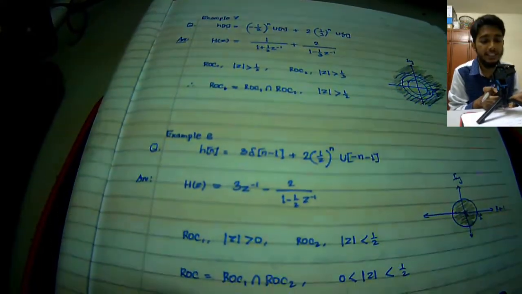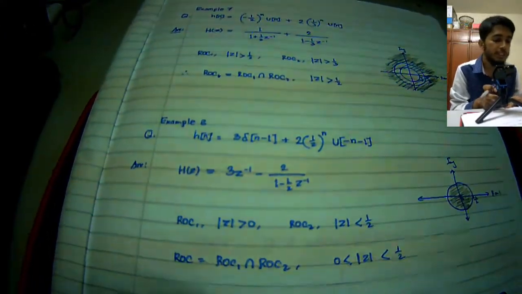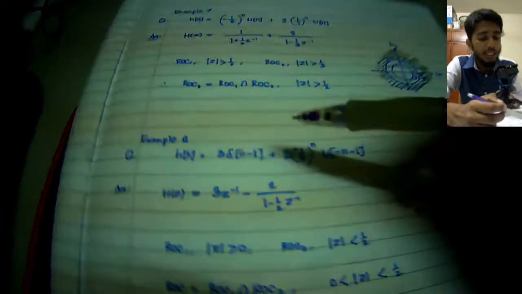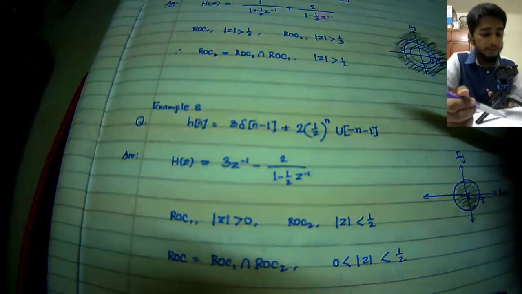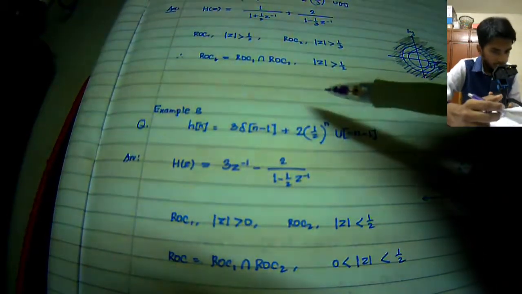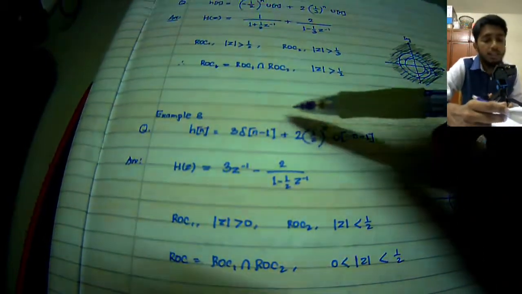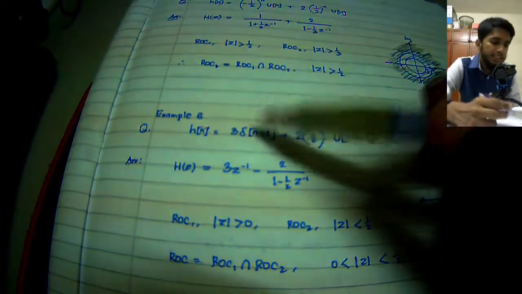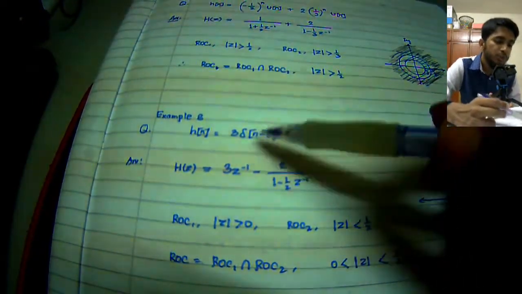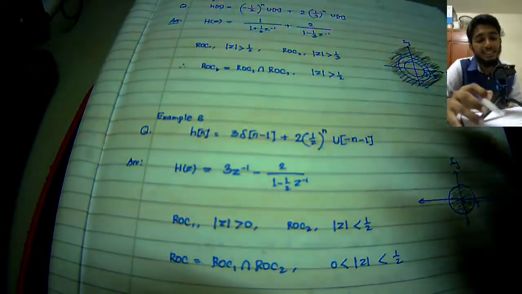Let's go to the second example of linear properties, which is example 8. On example 8, we can see that it's the same. We have two different functions separated by a plus, so you just do the Z transform for each of them separately.